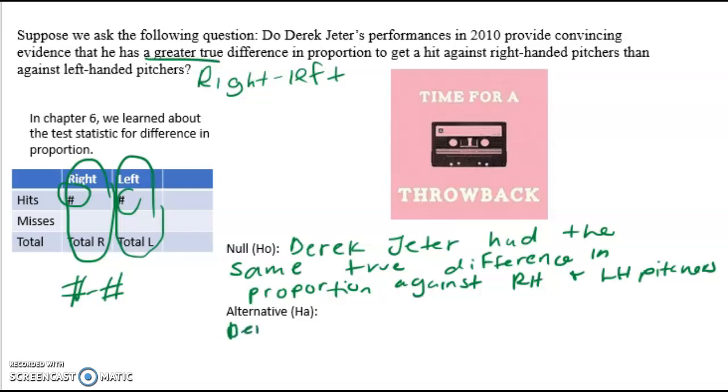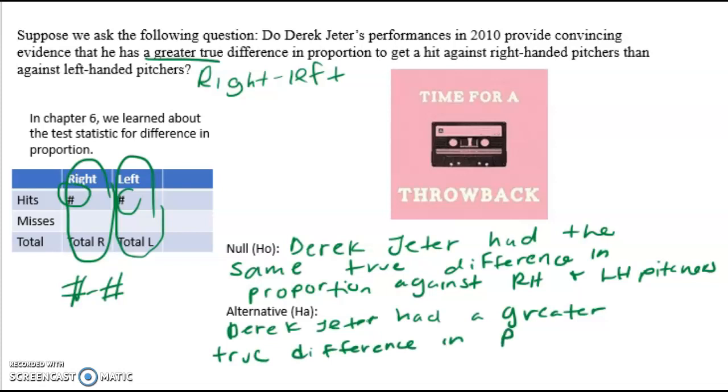So Derek Jeter had a greater true difference in proportion against right-handed pitchers.